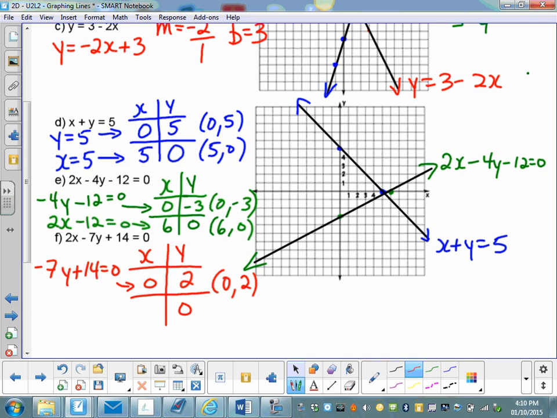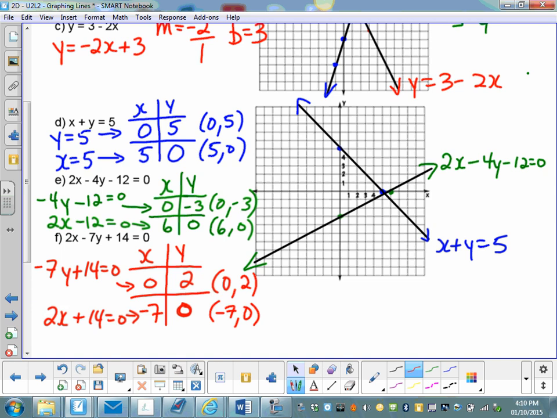So 0, 2 is the y-intercept. And if we sub 0 in for y, we're going to get 2x plus 14 equals 0. And if we solve that, 14 becomes negative 14 on the other side, divided by 2 is negative 7. So that's the point negative 7, 0.